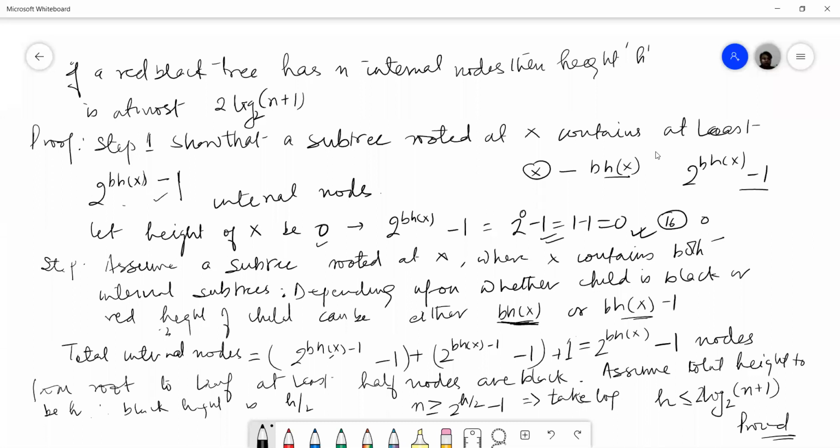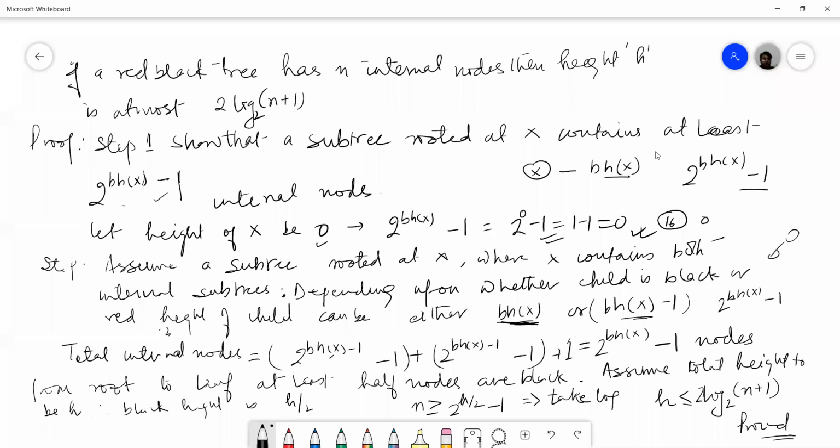It came true. Then we take a node which contains a left child and a right child. If the right child is red, the height will be 1 less than x. If the right child is black, the height will be 1 greater than x. We are calculating the least number of nodes, so we take the least height. Any node rooted at this height will have 2 to the power bh(x) minus 1 internal nodes.